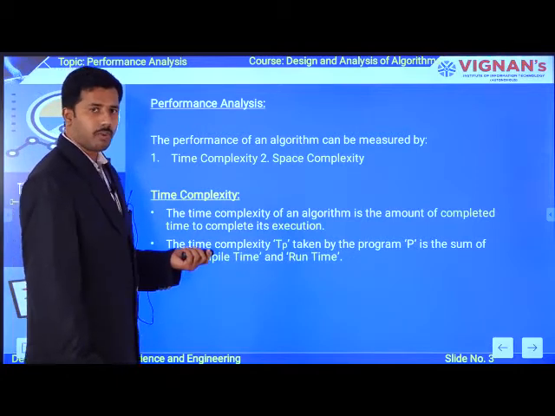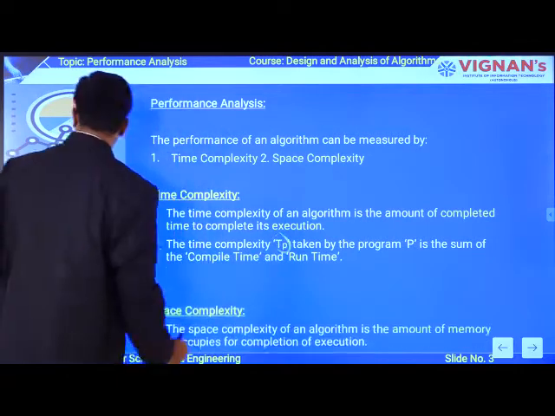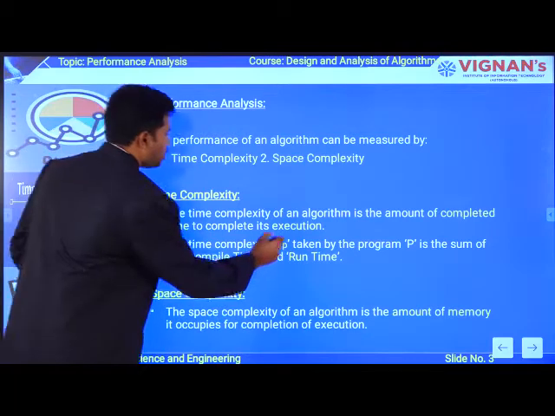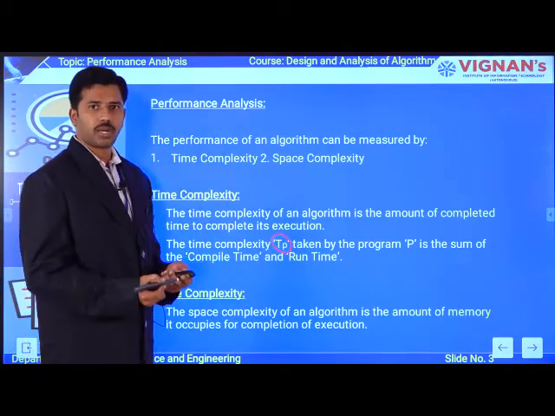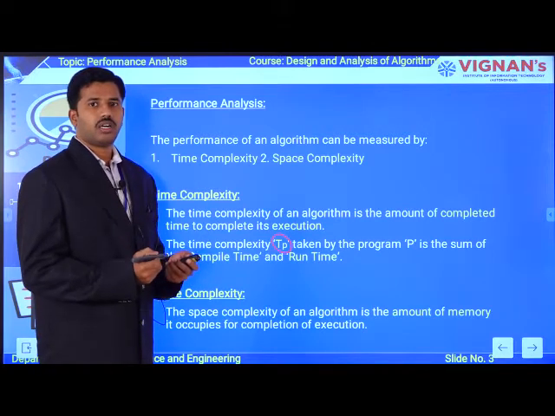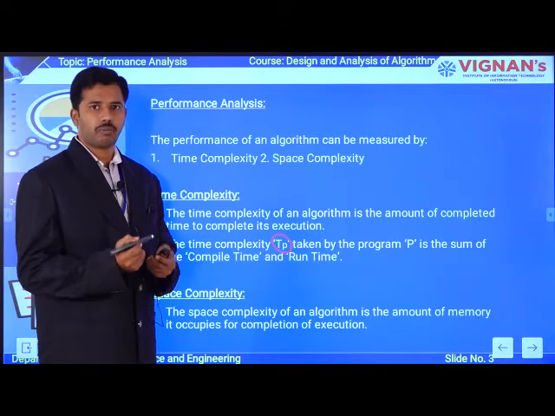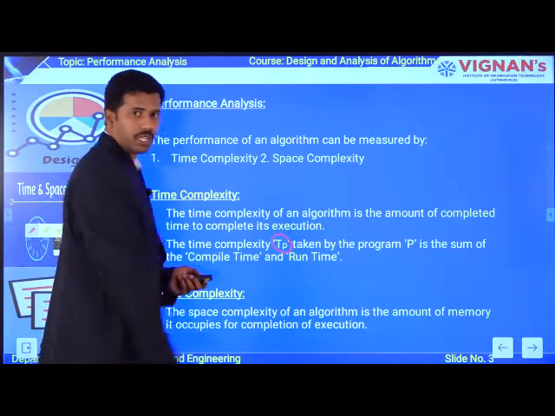The time complexity of a particular problem P is denoted by T suffix P, where T defines the time complexity and P is the particular problem.